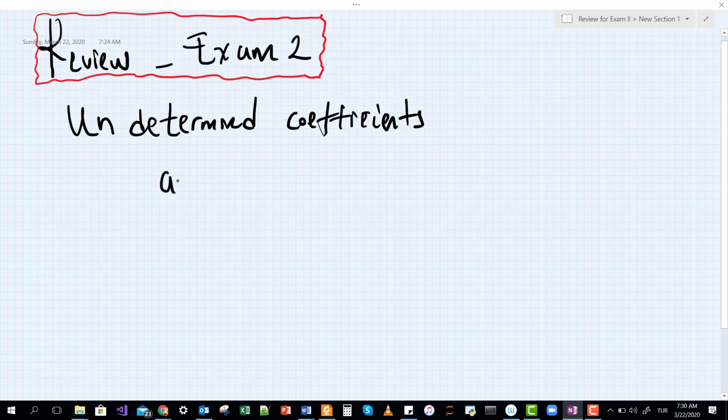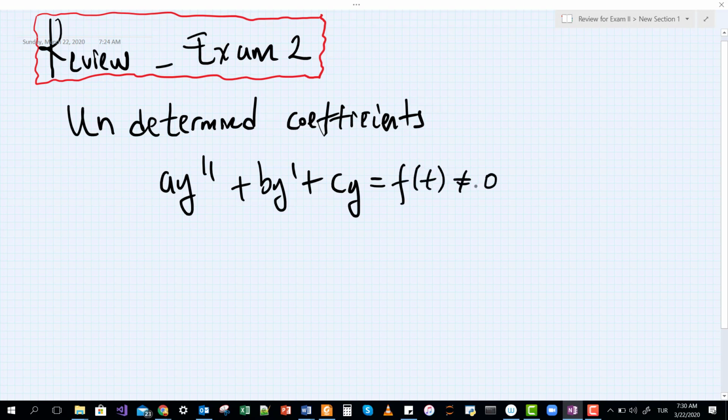Our problem is this, as you remember: a second order, constant coefficient, linear, non-homogeneous differential equation.